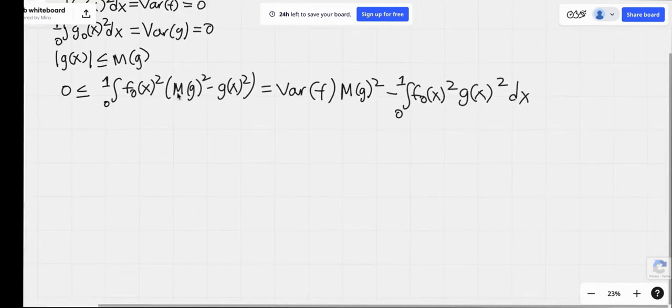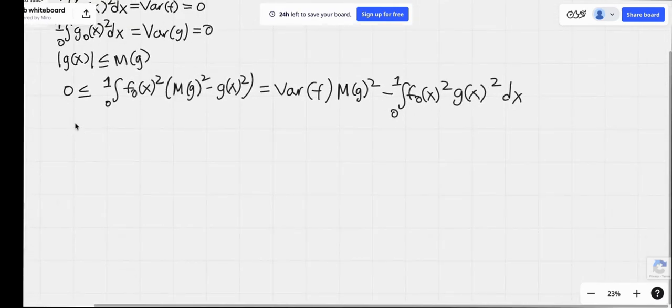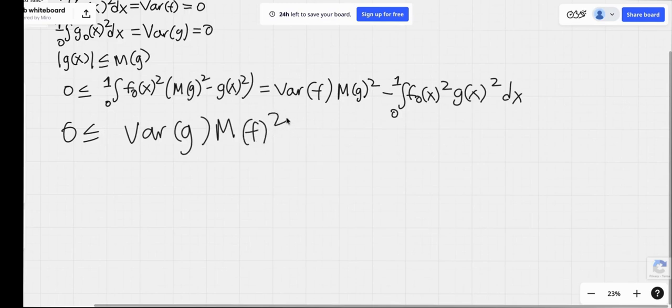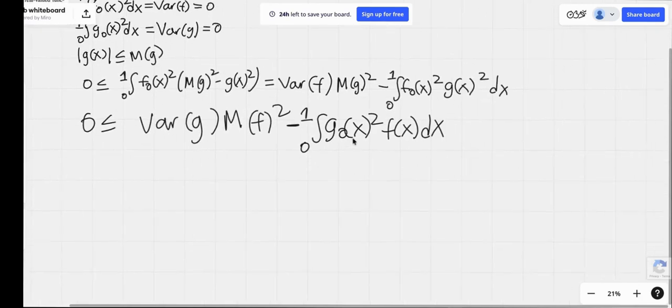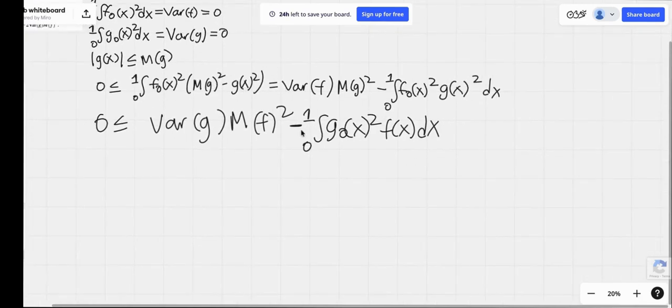And then again we have the analog for g, which is that 0 is less than or equal to the variance of g times M of f squared minus the integral from 0 to 1 of g naught of x squared f of x squared dx. So this is just the analog for g of the previous one.